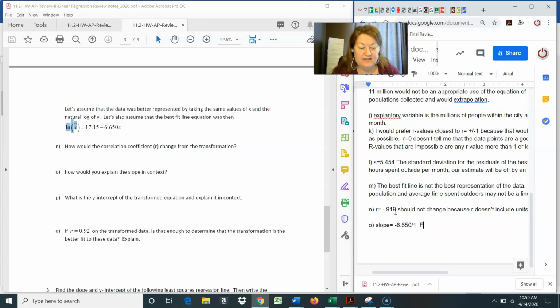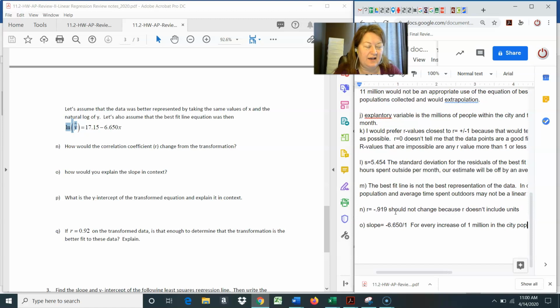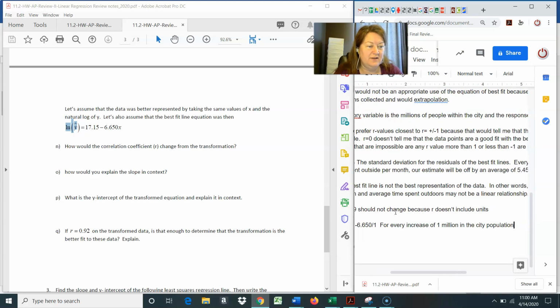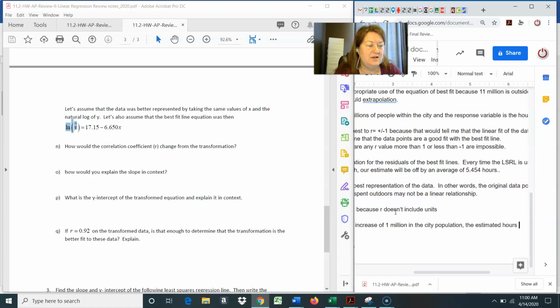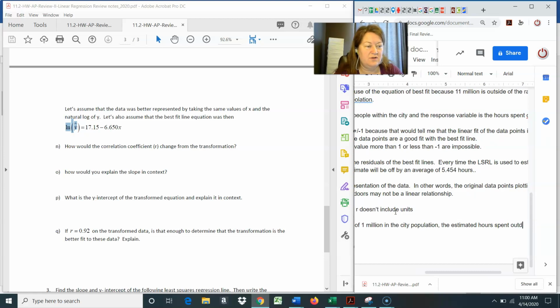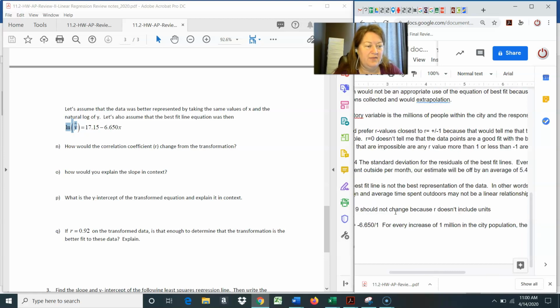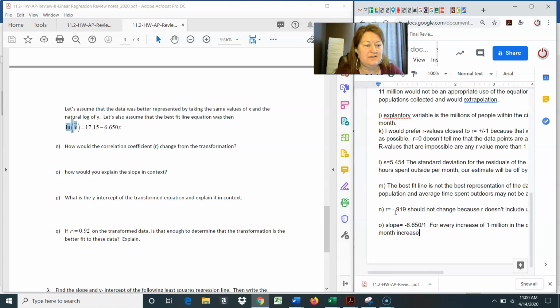So for every increase of 1 million in the city population, because that was the X, which does not have the ln on it, the estimated hours spent outdoors per month decreases, because it's negative, by an ln of 6.650.